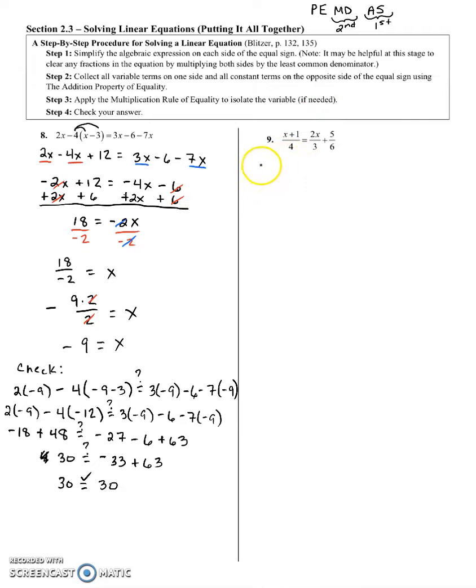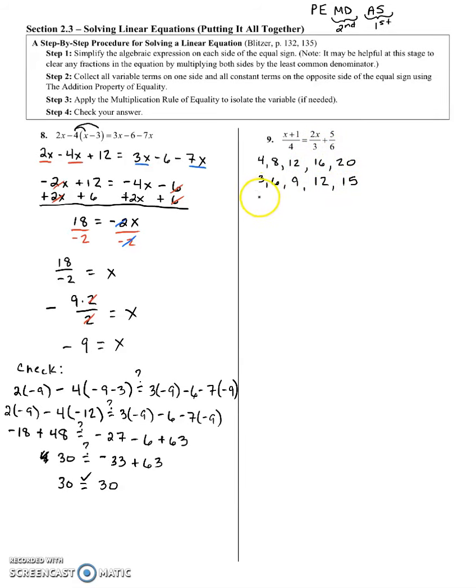So first we need to find our least common denominator. So let's do our multiples. Multiples of 4, we have 4, 8, 12, 16, 20. Multiples of 3, we have 3, 6, 9, 12, 15.